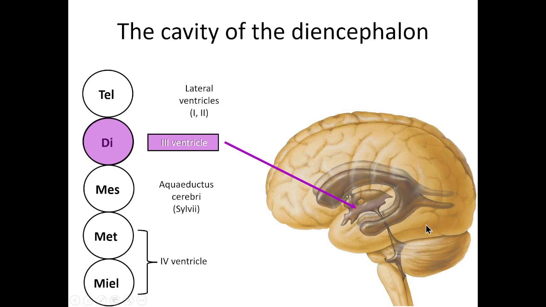In this picture, we can see that third ventricle is connected with fourth ventricle through the aqueductus cerebri and with left and right lateral ventricles through the foramina interventricularia or foramen of Monro.